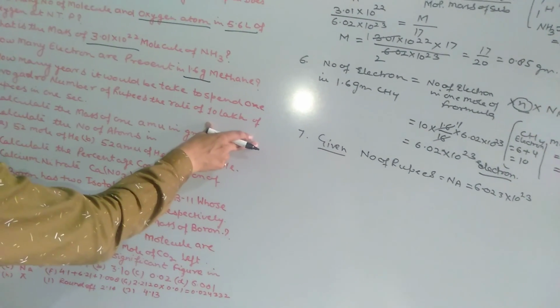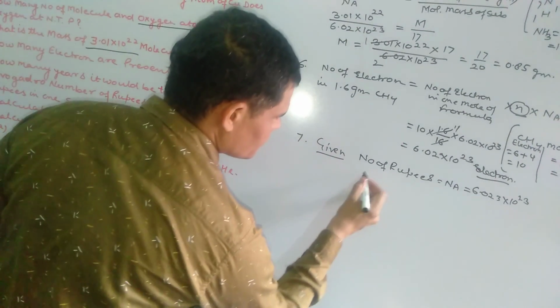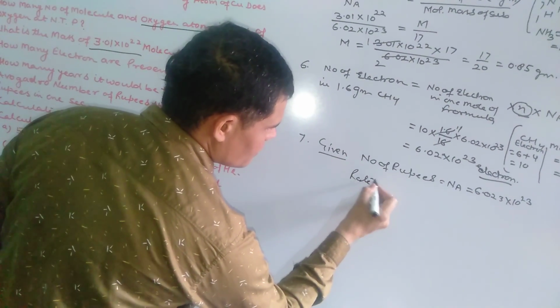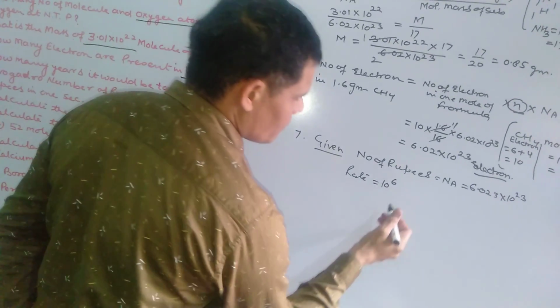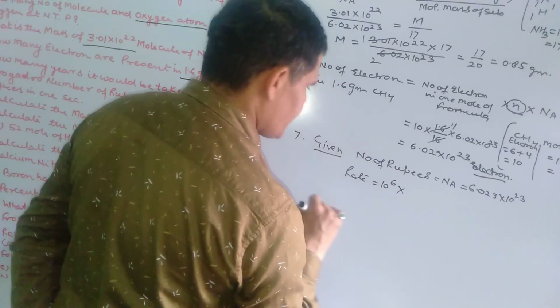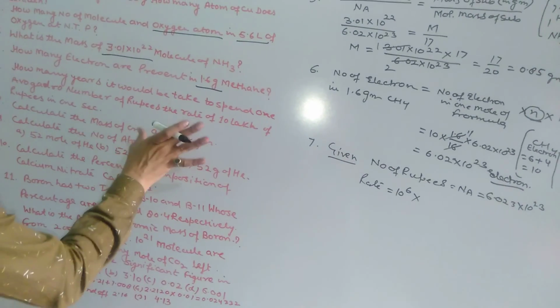Spent at the rate of 10 lakh rupees per second, means rate is 10 lakh rupees, means 10 to the power 6 rupees per second. How many years would be taken?